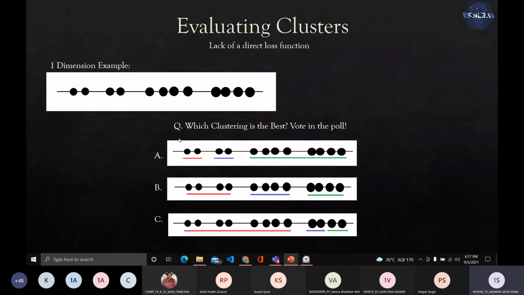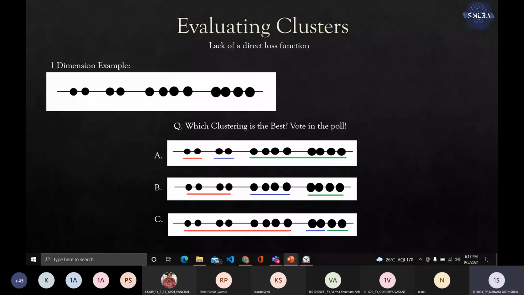This is a very simple 1D example. We have A, B, and C. I think unmute and speak. Yeah, I think the second one is the best cluster because it is uniformly distributed. B. Yes. Perfect. Uniformly distributed. That's what I wanted to hear.